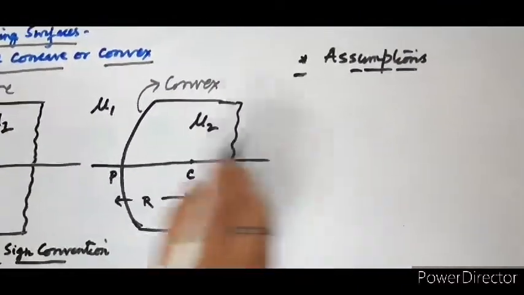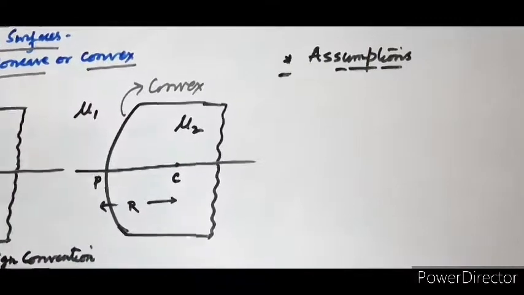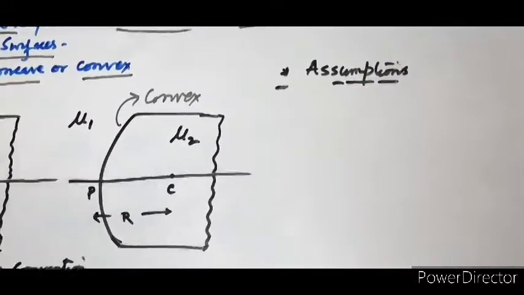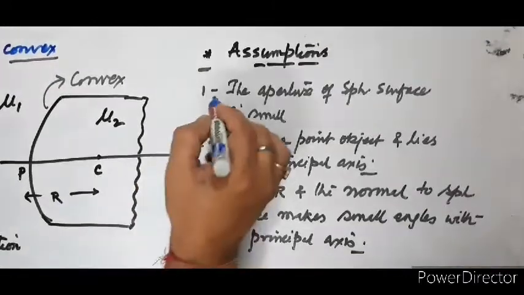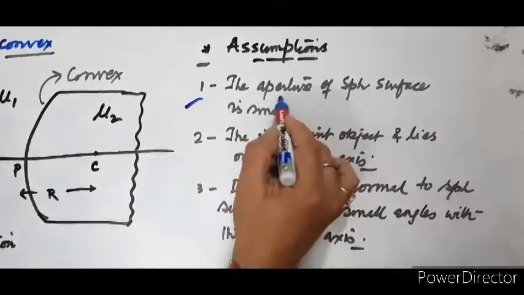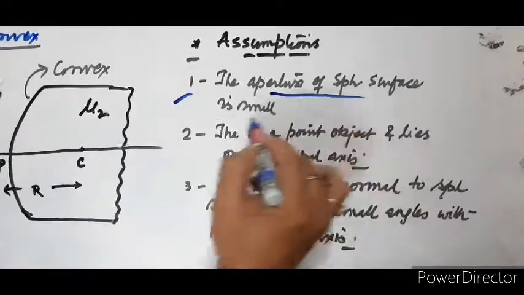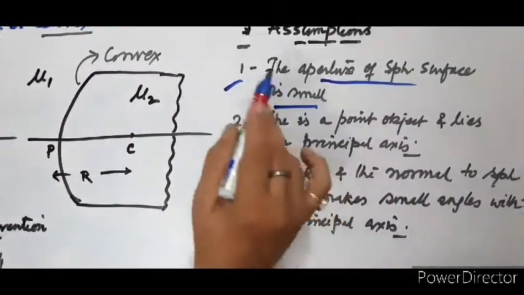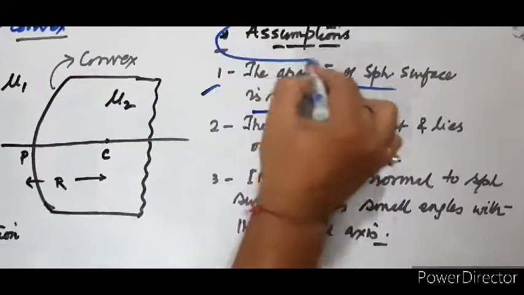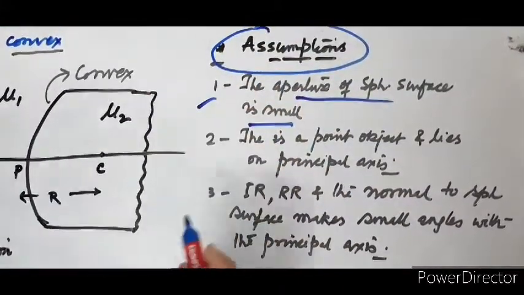The first one is that the aperture of the spherical surface should be small, very, very small. These are the assumptions which are important for the derivation.